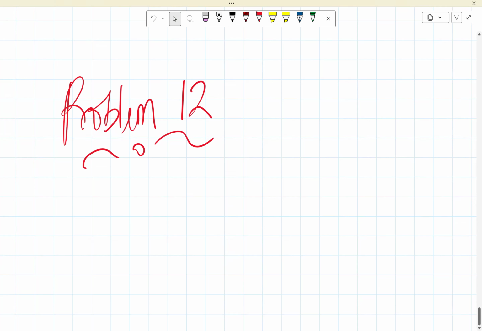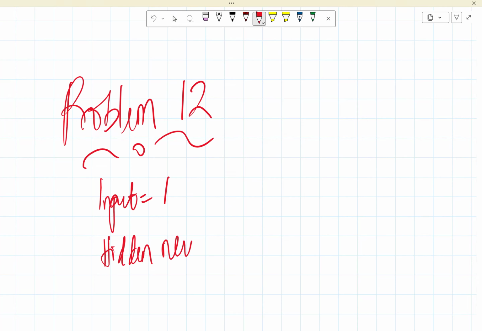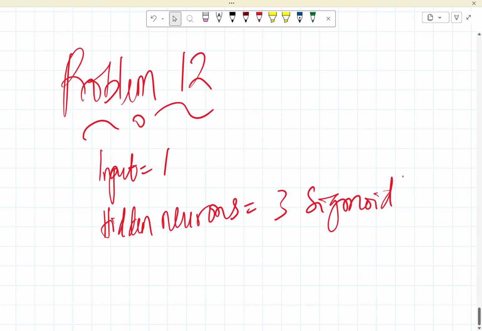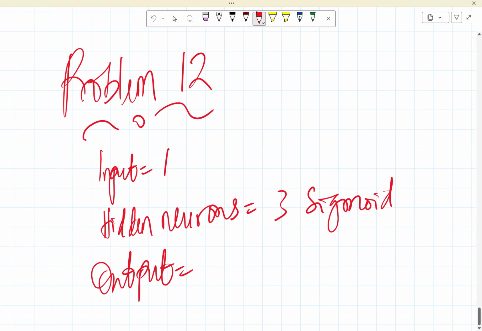So consider a neural network with one input. So that's one input, right? Then hidden neurons. We have 3 sigmoid hidden neurons. Then we have outputs. We have 1 linear output, basically.